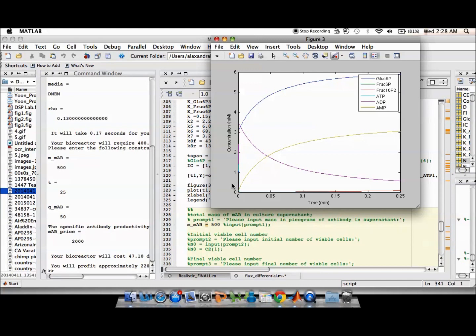And as ATP down here is decreasing, our ADP is quickly increasing and then leveling out as it converts into AMP.